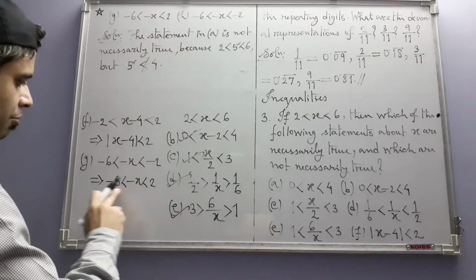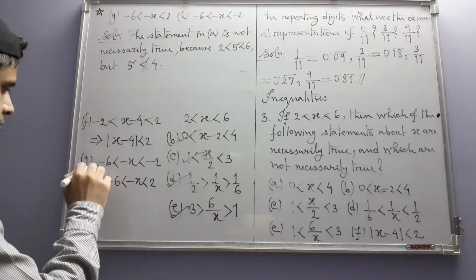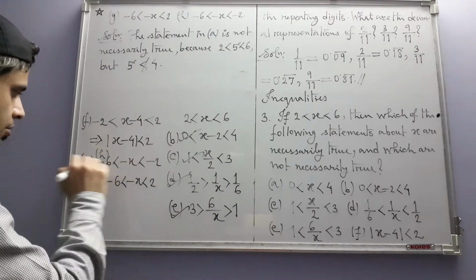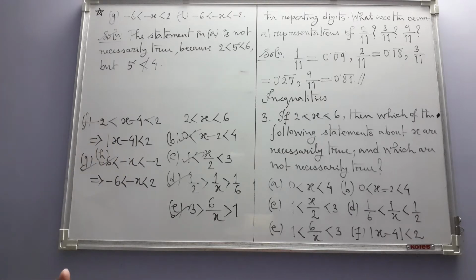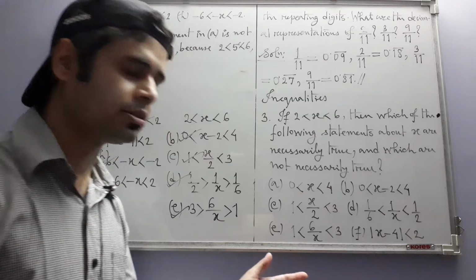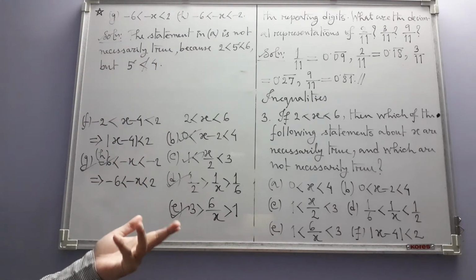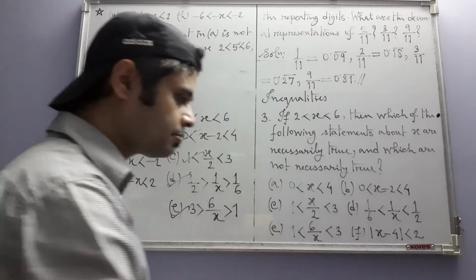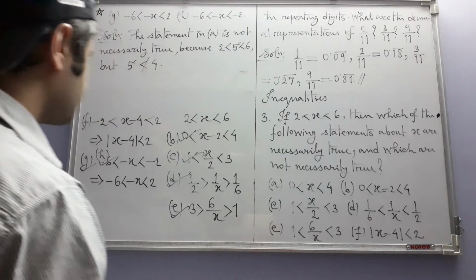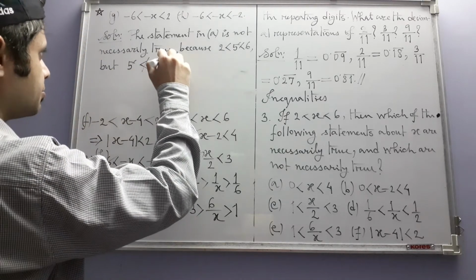And even before getting this, we have actually got the h part. So h part is here itself. So all the remaining inequalities, all the remaining statements, each one of them is a consequence of the given inequality. That is, each one of them is necessarily true. That is the explanation, and we just simply write like this.